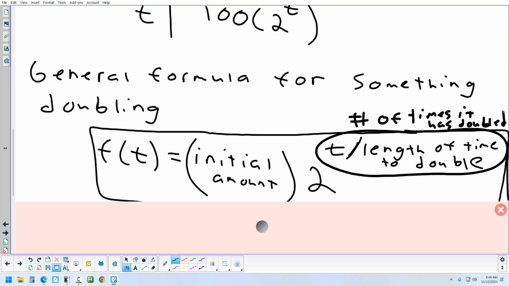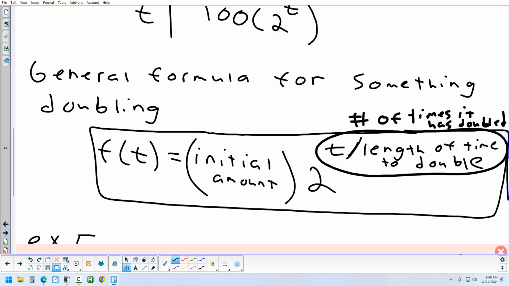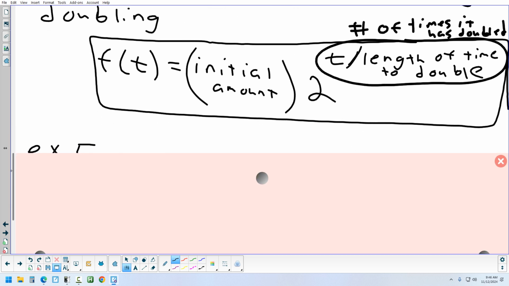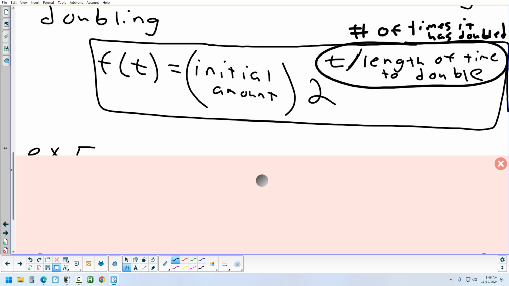That's what the exponent represents. It's the number of times it has doubled. So to calculate that, take how much time has gone by and divide by the length of time it takes to double.